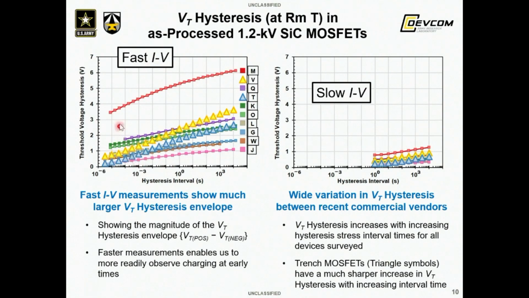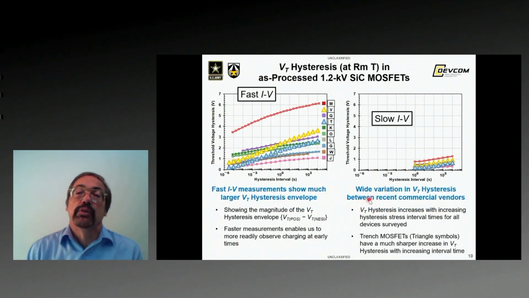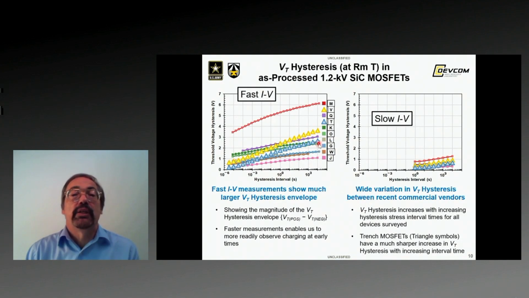I want to mention that in this case, I'm plotting the magnitude of the hysteresis, so this is VT pos minus VT neg for the various interval times. We observe a wide variation in VT hysteresis between the different vendors.